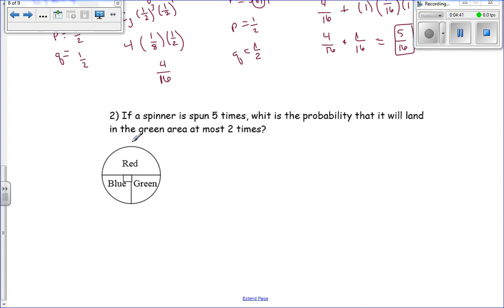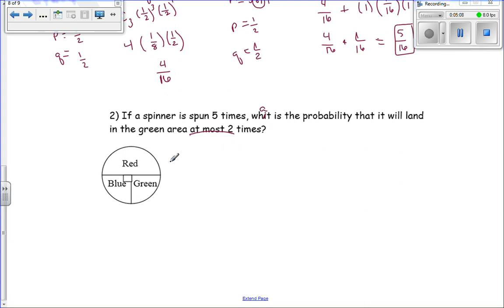Alright, if a spinner is spun 5 times, what is the probability that it will land in the green area at most 2 times? At most 2 means 2 or less than that.